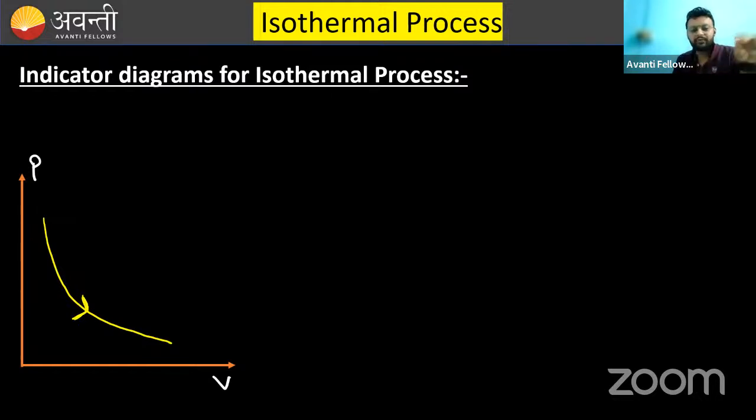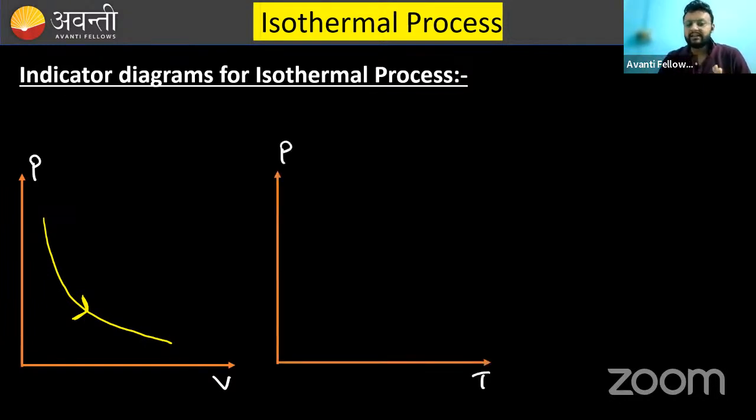I am drawing it for the expansion part, and you can see that in the process, volume is increasing from here to here. So this is called isothermal expansion. This is the representation of a hyperbola or PV equals constant.